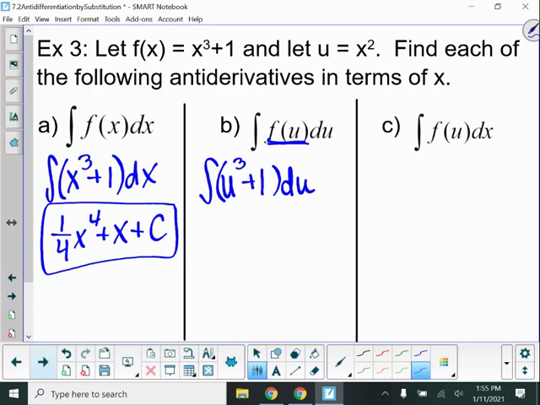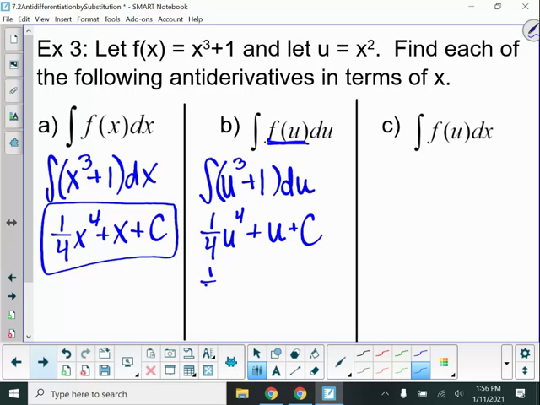So with part B, I'm actually going to plug in the x squared after I take the antiderivative rather than before. So antiderivative of u cubed is 1/4 u to the 4th. Antiderivative of 1 is u, and then I have my plus c. Well, in order to compare these across the board, I do have to change the u's to x's.